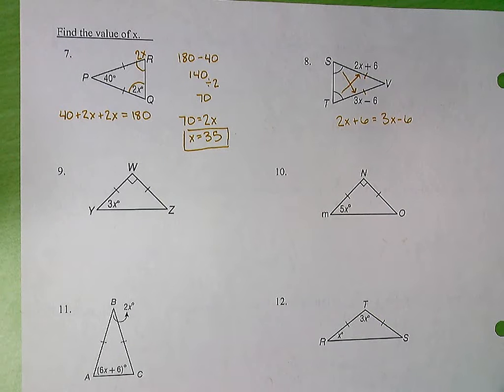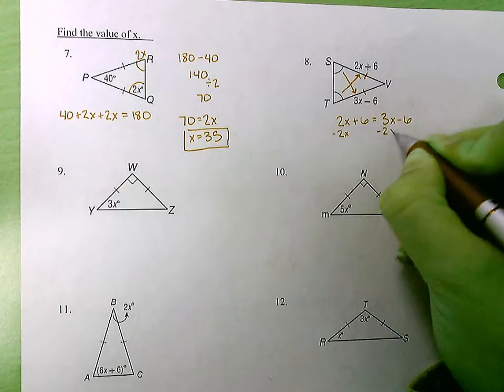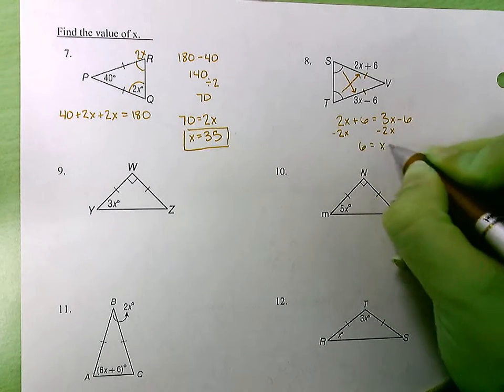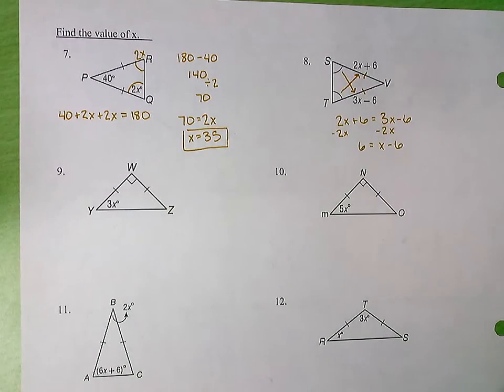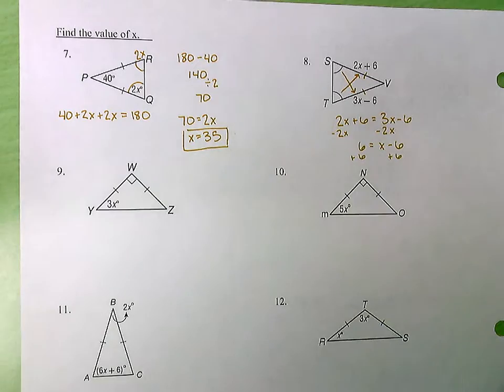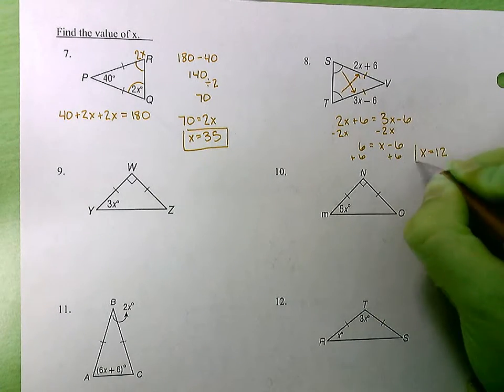So 2x plus 6 equals 3x minus 6. Okay, I'm going to subtract 2x from both sides of my equation. So I have 6 is equal to x minus 6. Add 6. And x will be equal to 12.